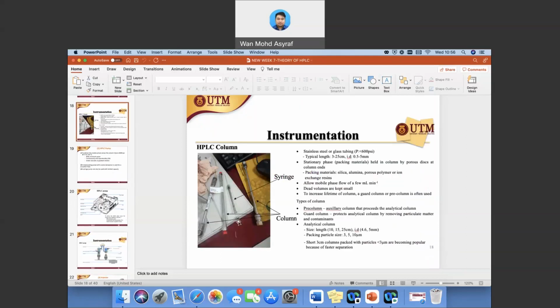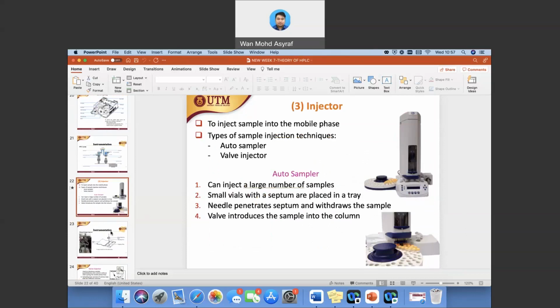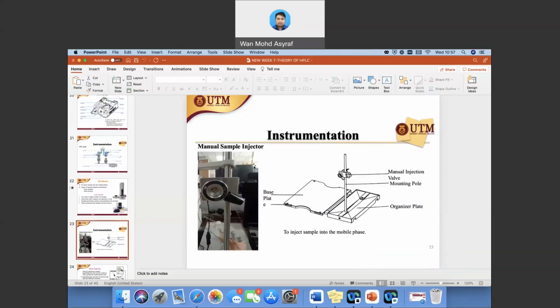So we have this syringe. You would need to get your sample into the syringe, and then put it into a valve, which we'll look at now. This is the manual sample injector. You take your syringe with your sample in it, and you need to make sure the syringe is free of bubbles when you draw out the sample.